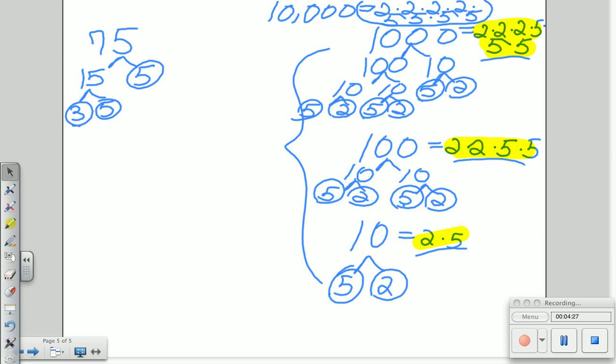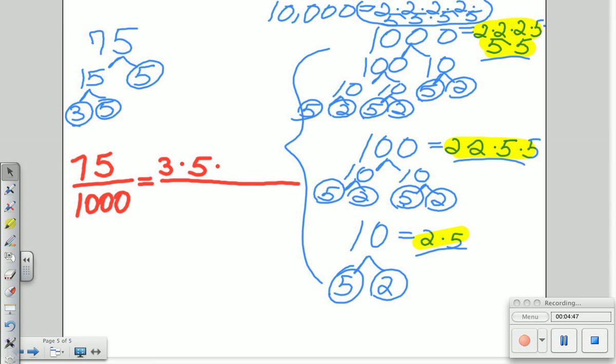Okay, so for our prime factorization here, we want to reduce 75 over 1,000. 75 is equal to 3 times 5 times 5.